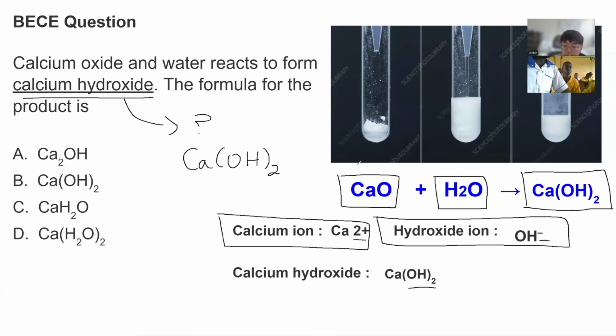How many calciums are on the reactant side of this chemical reaction?